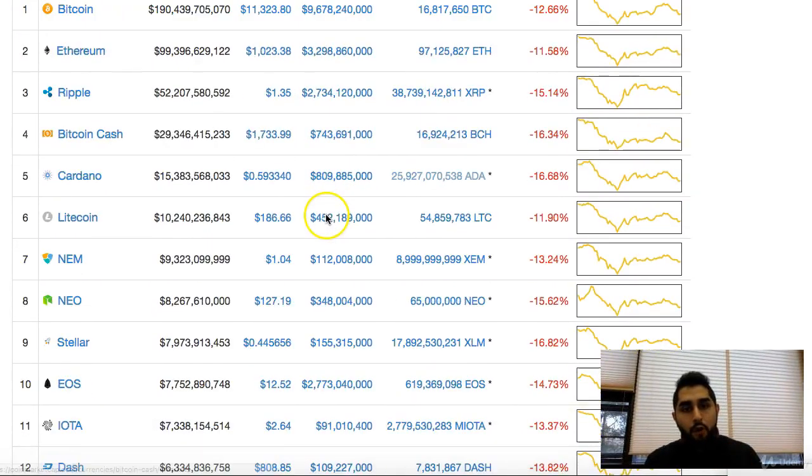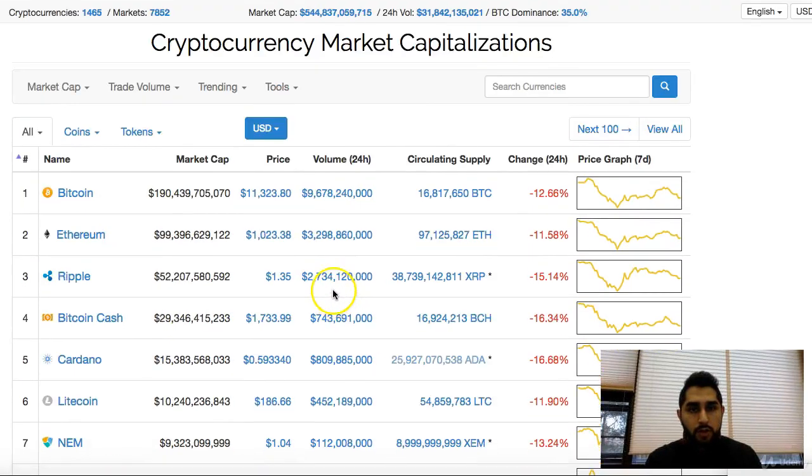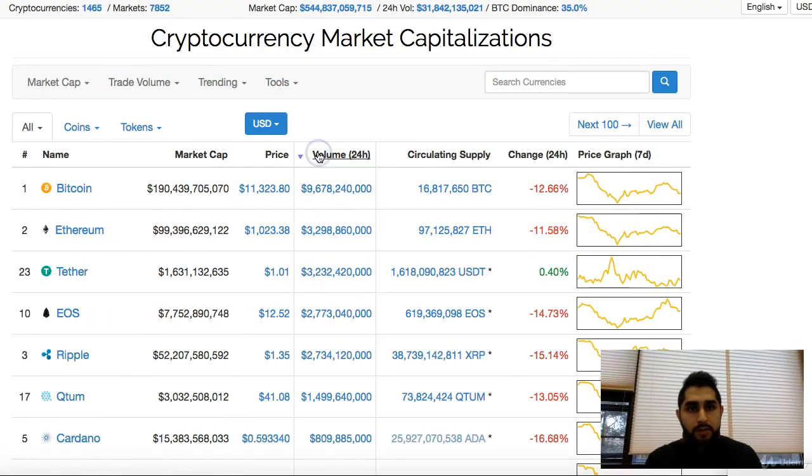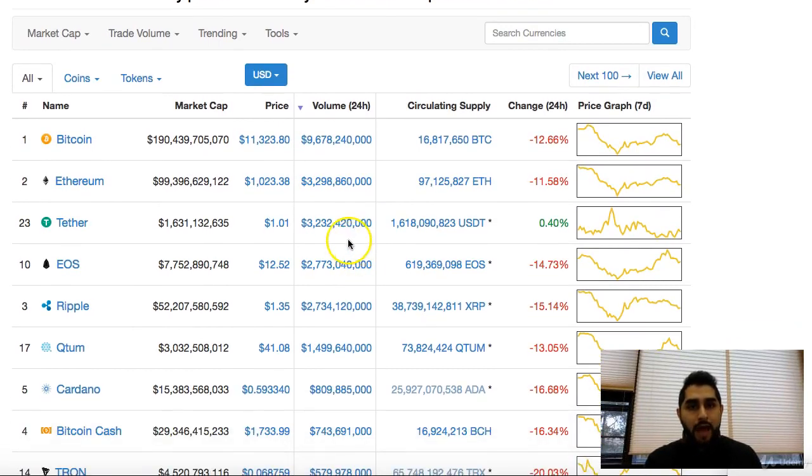Because if there's a lot of volume being traded and bought and sold in different cryptocurrencies, that's where you can automatically know that something is about to happen, that something is going on. There's a hype. A lot of people are buying and selling it, right? That's like the most popular restaurant, the line out the door.